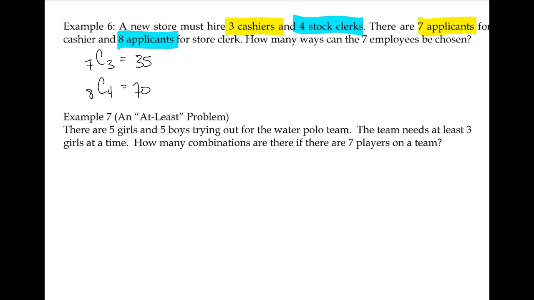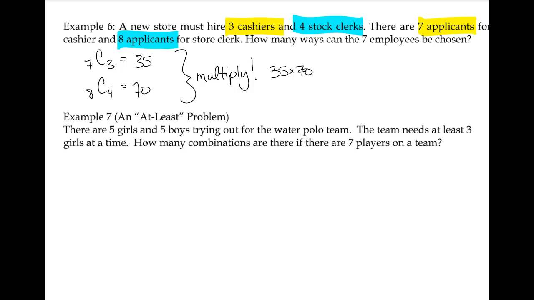But then for every one way that we can do this, there are 70 ways we could have chosen our stock clerks. So we need to multiply these together. Again, because for every one of these, there's 70 options that follow for my second decision. So I'm going to go 35 times 70.